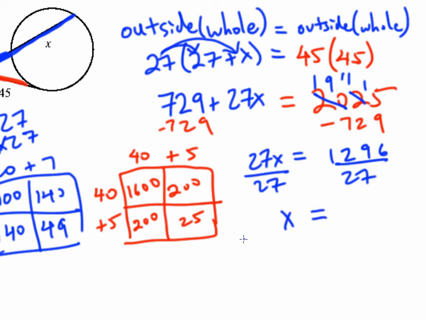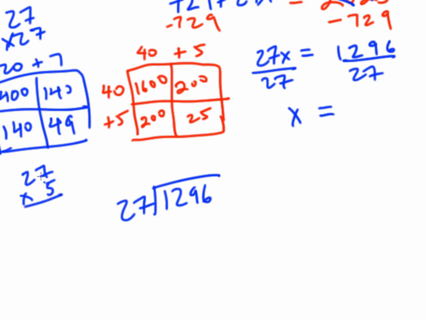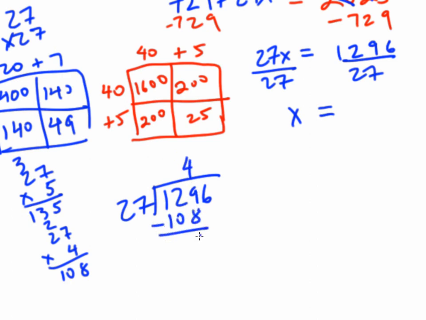And x is going to equal, let's do the long division here. 27 goes into 12? Nope. 27 goes into 129. Let's make some guesses. 27 times 5 is 135, a little too high. So 27 times 4 has got to be it: 108. Subtract, and it's 21. Bring down this 6, 216. 27 goes into 216.